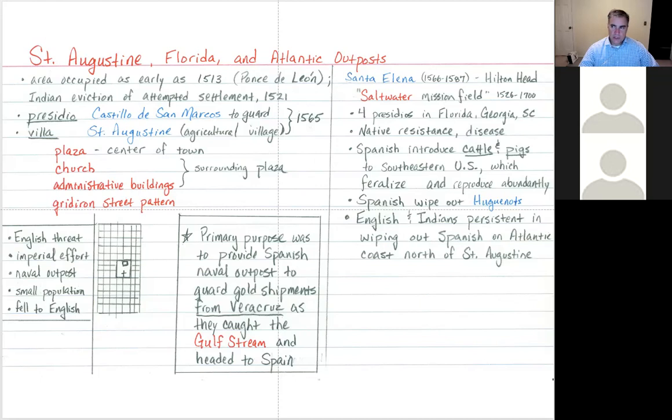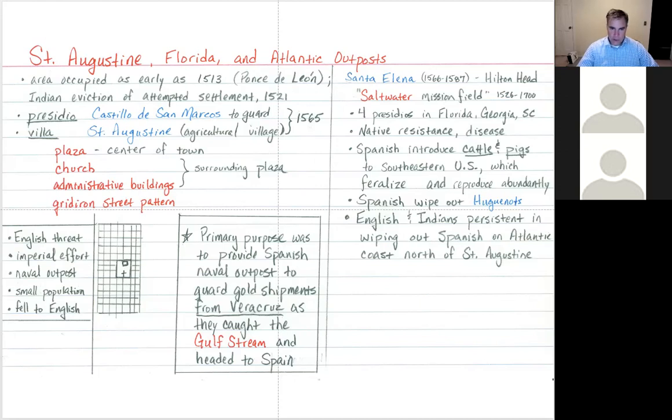As they were attempting to get away from the storm, they actually wound up getting totally swamped by it, and the Spanish Armada was mostly lost in 1588. And that major weakening of Spanish naval power allowed the English to expand their influence into the New World under Elizabeth I.